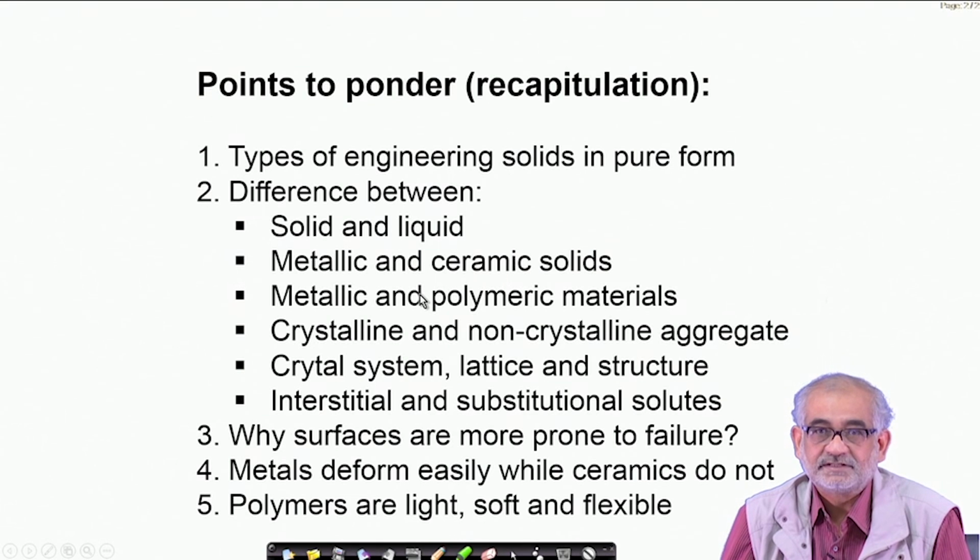And we realized that instead of going by certain traits or characteristics, the most important and unique way of distinguishing various kinds of primary or pure solids would be on the basis of the bonding they enjoy. And it is because of this reason we can divide all possible pure solids into 3 forms: metals, ceramics and polymers. We should now be able to understand the differences between crystalline solids, which enjoy 3-dimensional periodicity, and non-crystalline aggregates, which lack such 3-dimensional periodicity.